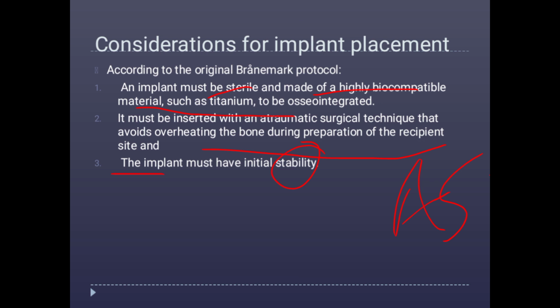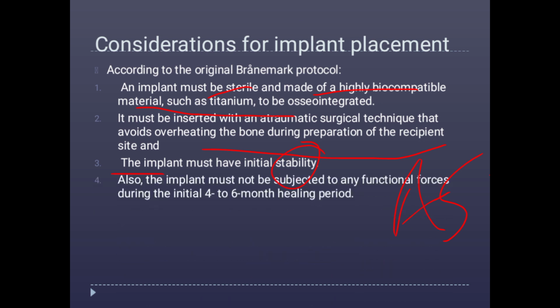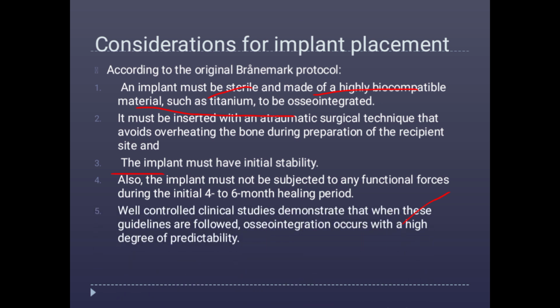Also, the implant must not be subjected to any functional forces during the initial 4 to 6 weeks. So when you place an implant, you should eat a soft diet for 4 to 6 weeks, without increased mastication forces during the healing period.